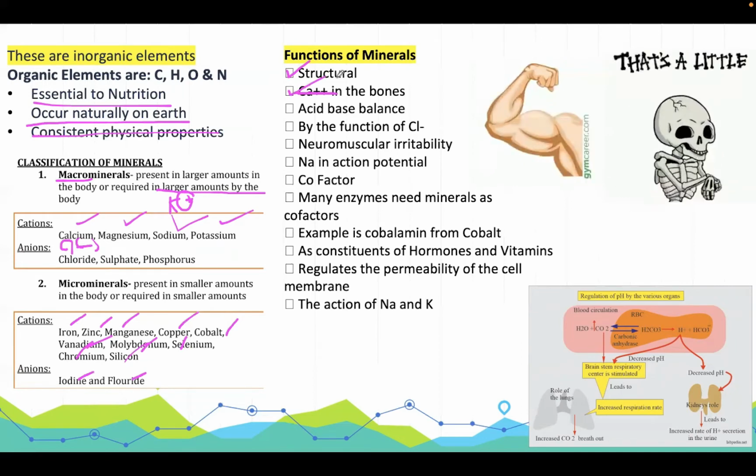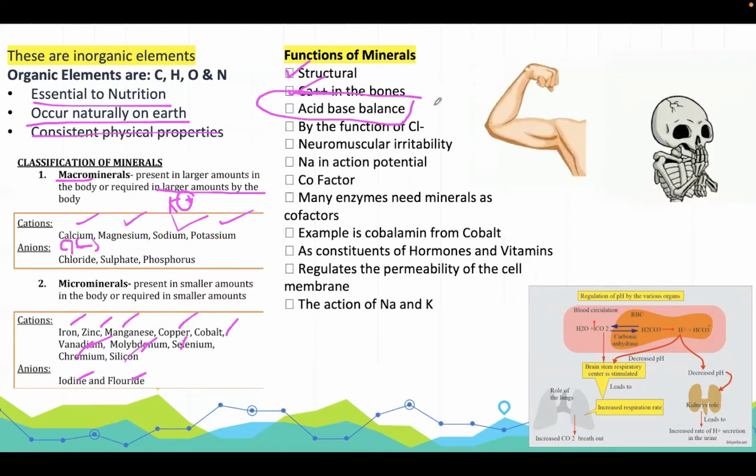Yung minerals natin, they are important for the acid-base balance. Very important po yung acid-base balance as we've discussed in part 1, yung mga acidosis and alkalosis natin, meron po tayong certain pH na maintained for the blood, and that is 7.35 to 7.45.